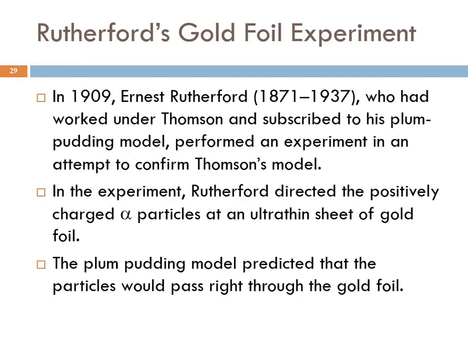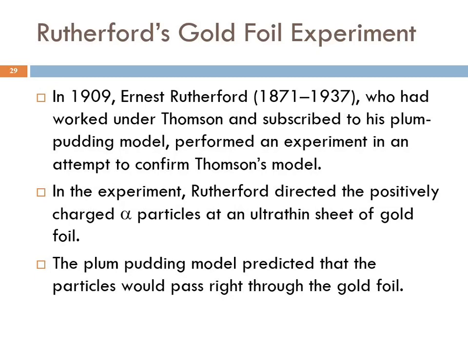So, Rutherford. Rutherford was a student of Thomson's, and he set out to do some experiments to validate Thomson's plum pudding or blueberry muffin model of the atom. So what he did is he took positively charged alpha particles and directed a beam of these at a very thin gold foil.